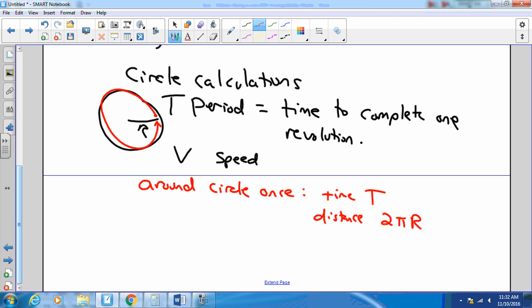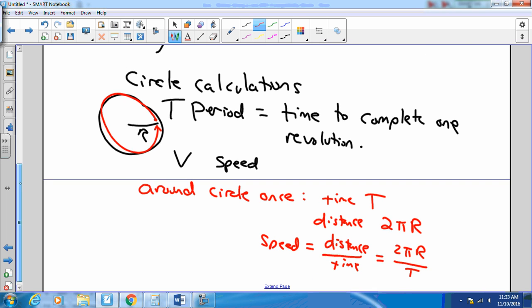So one circumference in distance is the same as one period in time. And therefore, the speed is distance over time, as it always is. That would be average speed, but because I'm moving in uniform circular motion, that is also my speed at all times, which would be 2 pi times the radius divided by the time.